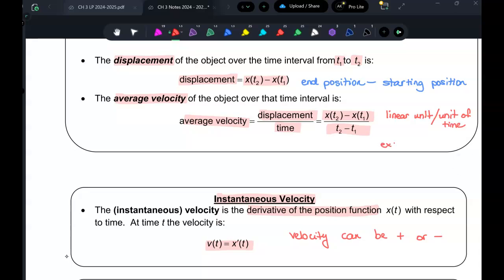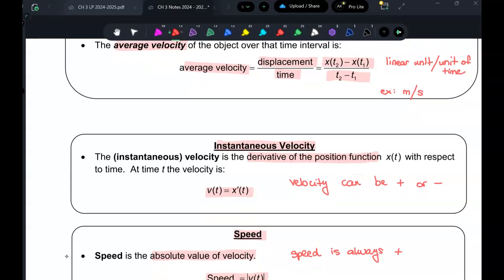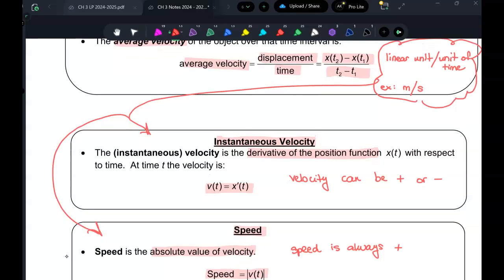For example, meters per second. Miles per hour, feet per minute, meters per second. Same for speed. These are the units for this and this as well.